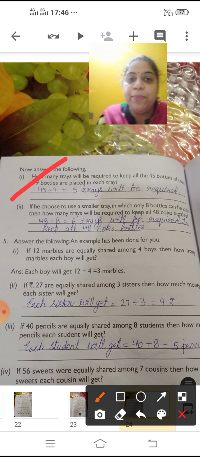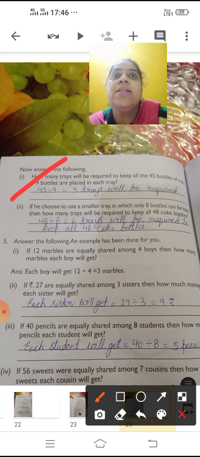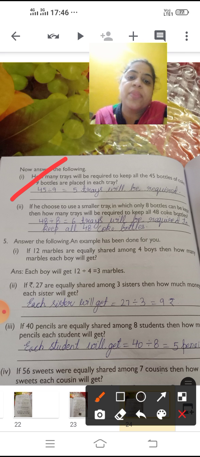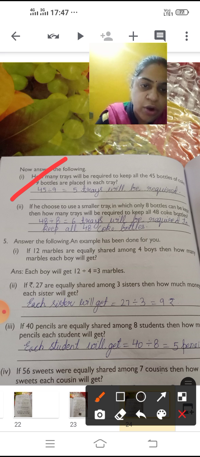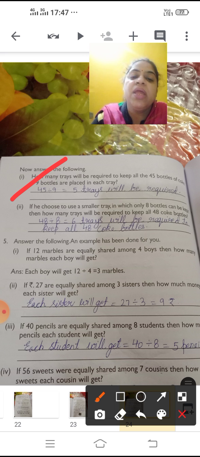Understood? If we are putting 9 bottles in 5 trays, that will keep them all together.